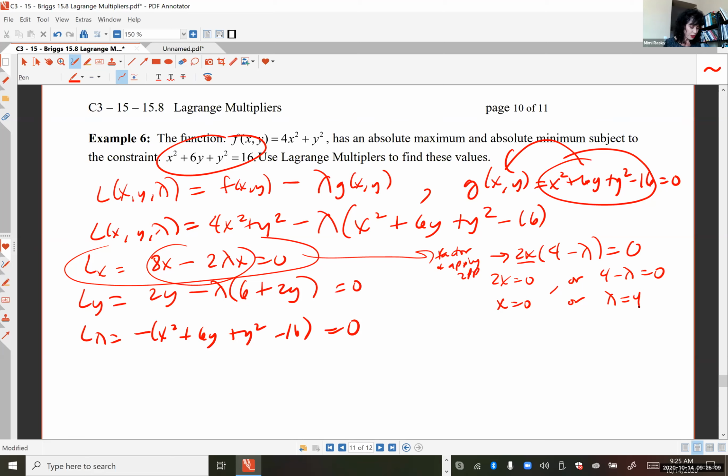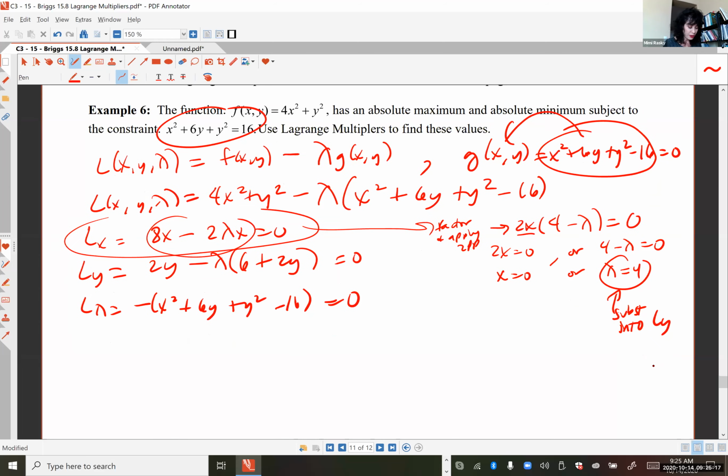So what I'm going to do is substitute lambda equals 4 into the other partial, Ly. Because since this Ly only has y's in it, I'll be able to get a y coordinate. So 2y minus lambda, but we're substituting a 4, times the quantity 6 plus 2y equals 0.